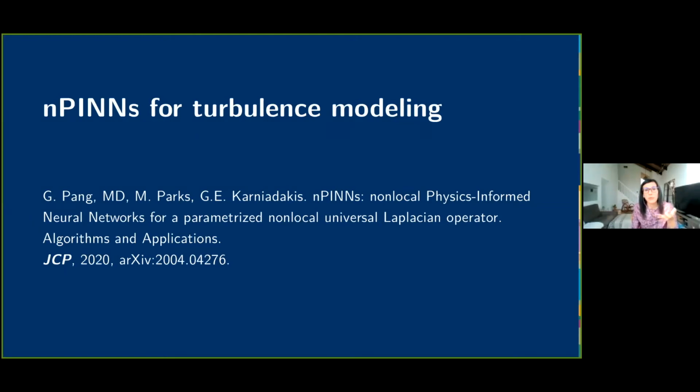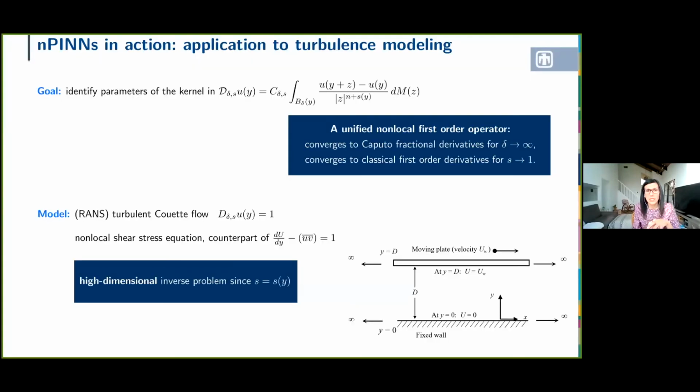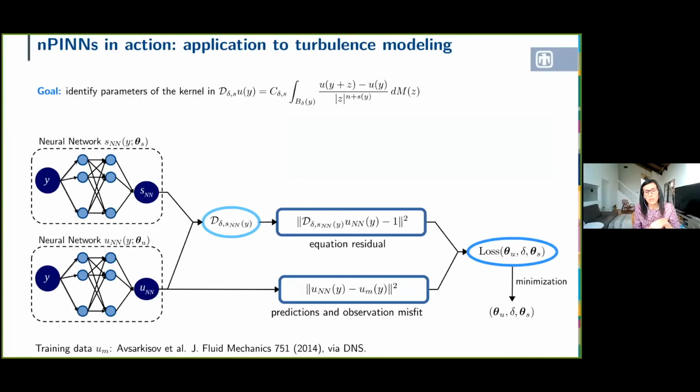For those of you who are familiar with PINNs, maybe the first part is going to be a repetition, but PINNs are physics-informed neural networks. And in this work, we introduce non-local physics-informed neural networks. I'm going to go straight to the graph. The idea is to, once again, learn the kernel, even though in this case I'm learning just parameters of the kernel.